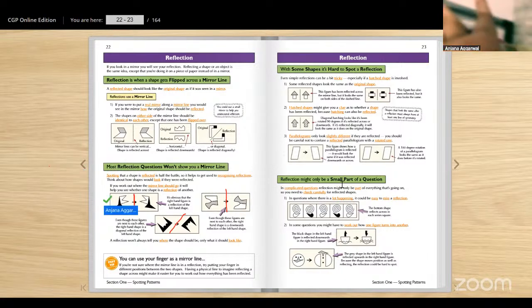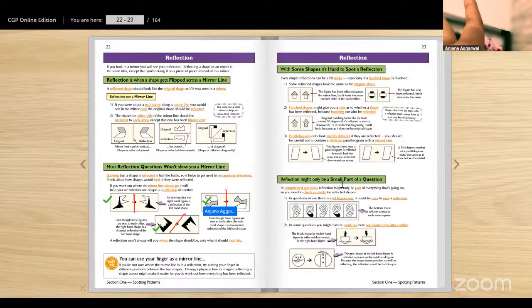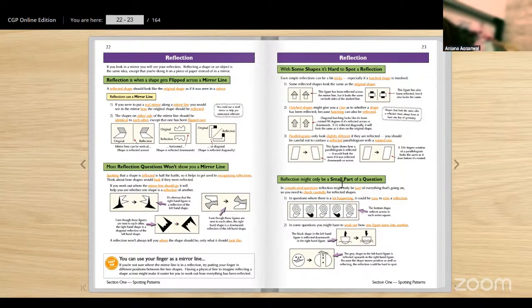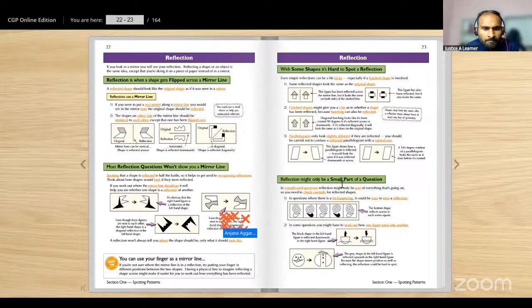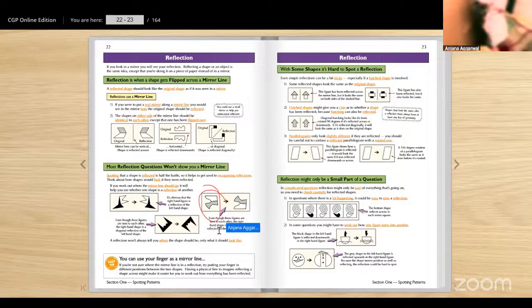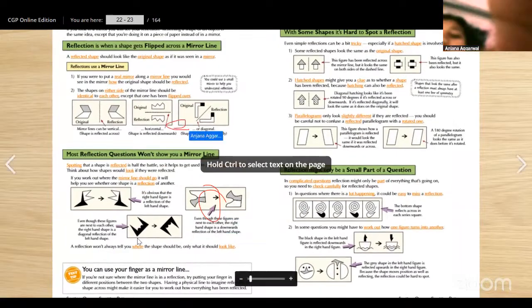Well, it does say downwards though. But how? Because if it was downwards, then this shape should have been laying like that.